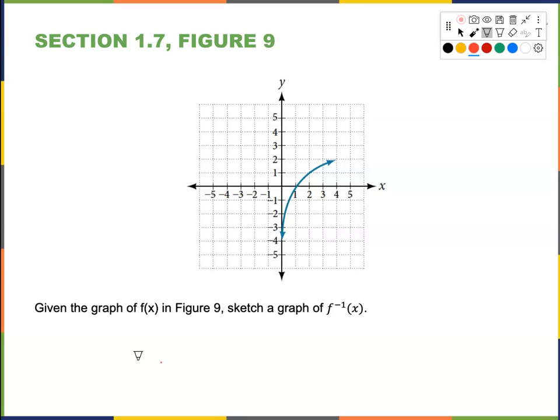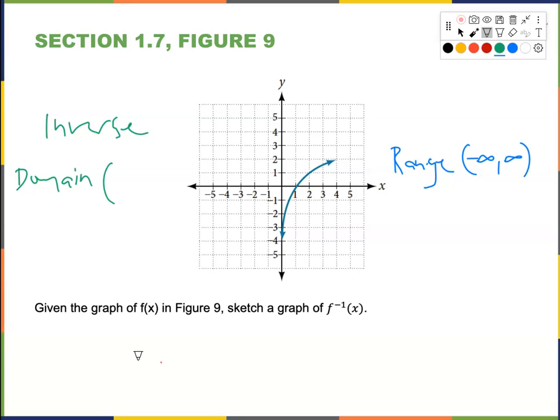It looks like the range of this is from negative infinity to positive infinity. So meaning the domain of the inverse should have negative infinity to positive infinity.